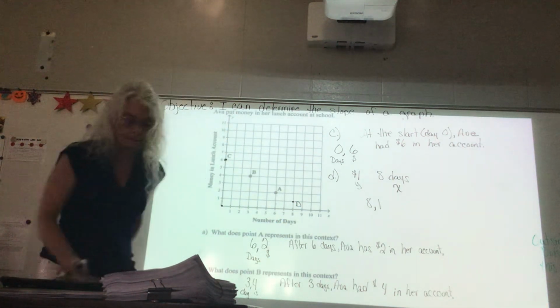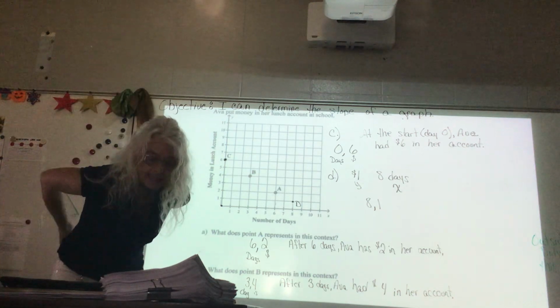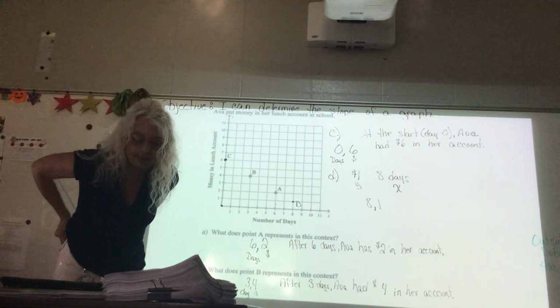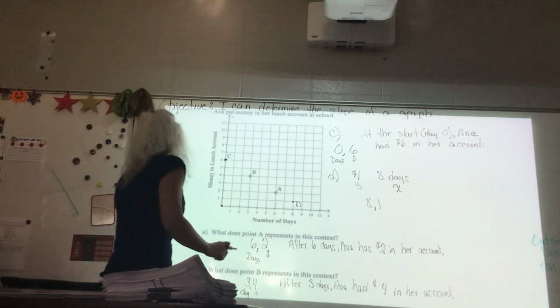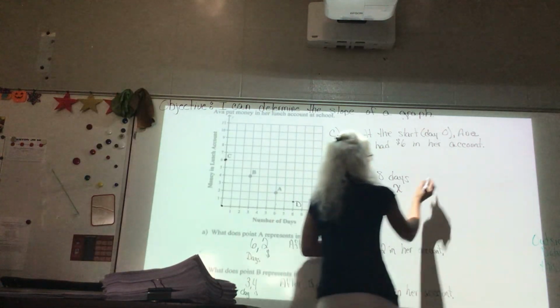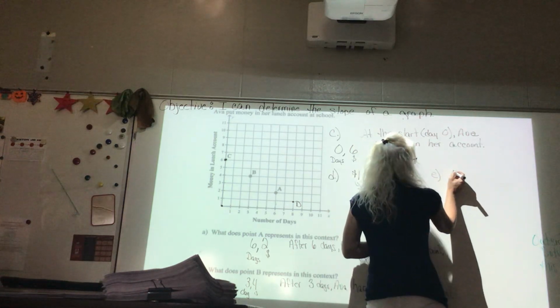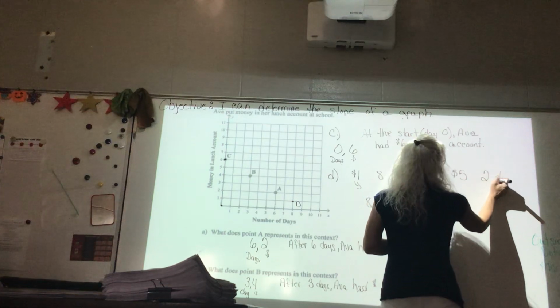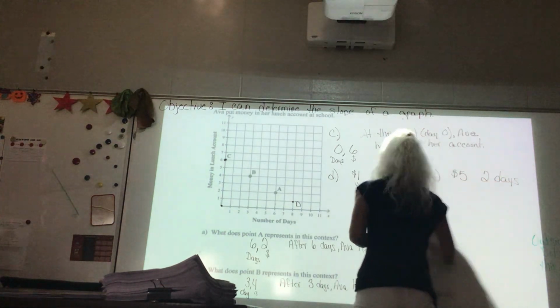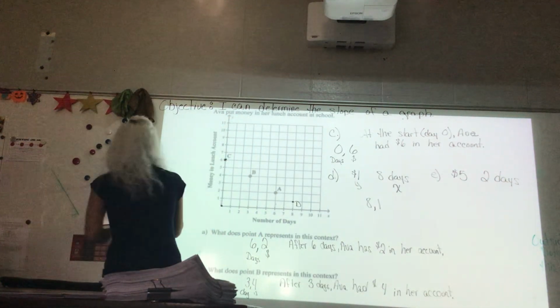Yep. Then part E, place a point on the coordinate grid that represents that Ava had $5 after 2 days. So, $5 after 2 days. Which one is my X, the 5 or the 2?